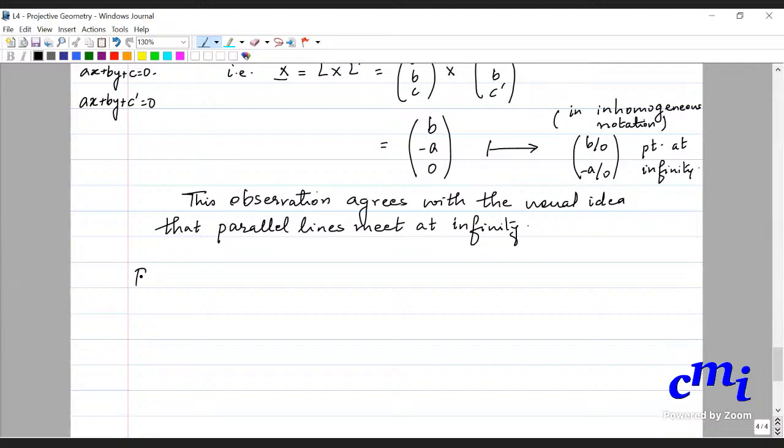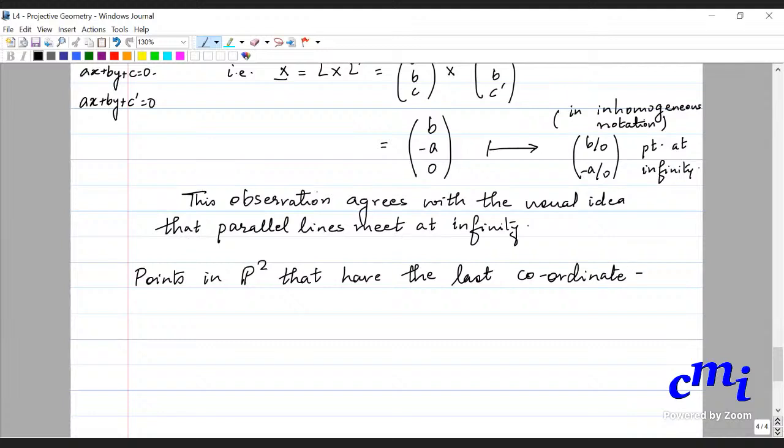Okay, so in general, points in P2 that have the last coordinate 0 will be called ideal points, or these will actually correspond to points at infinity. Sometimes they are called ideal points, but we will not use this language so much.